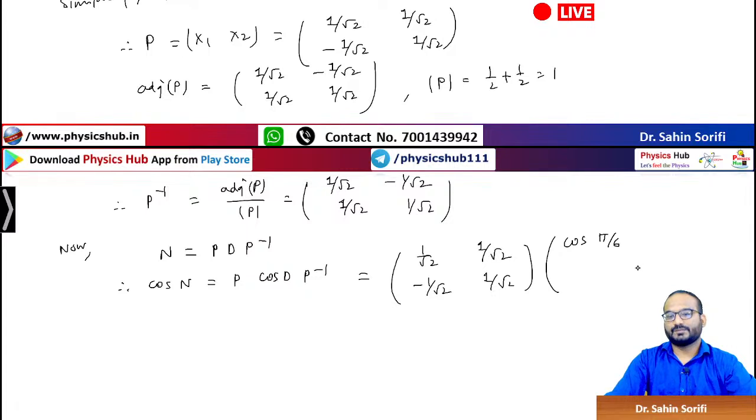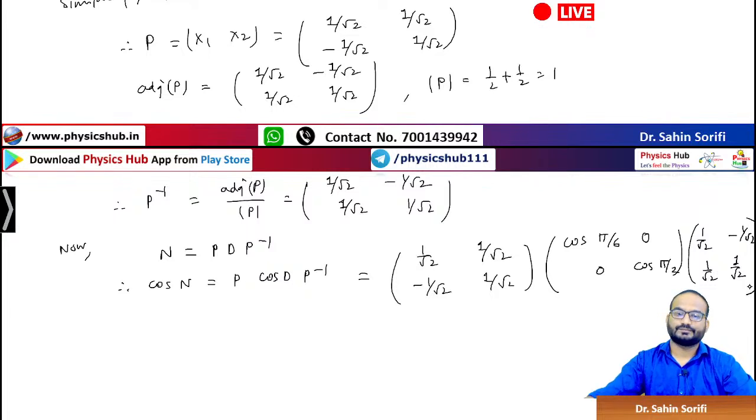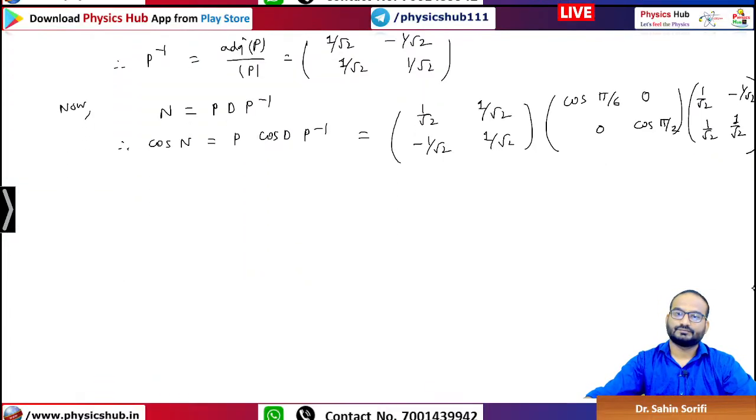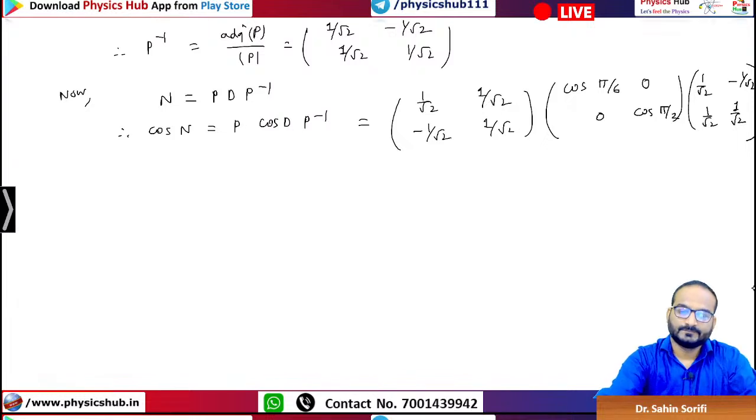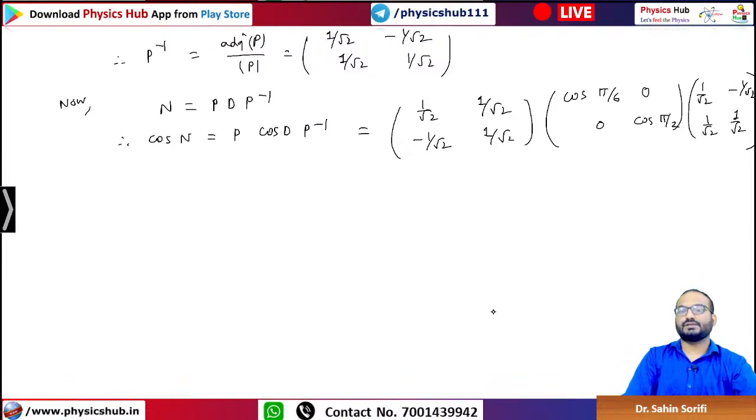So it will become cos pi by 6, cos pi by 2, 0, 0. And here it is 1 by root 2, minus 1 by root 2, 1 by root 2, 1 by root 2. Now you just need to multiply these three matrices.